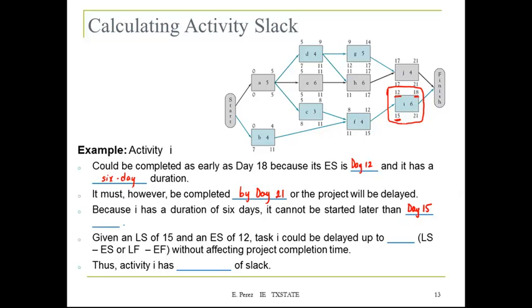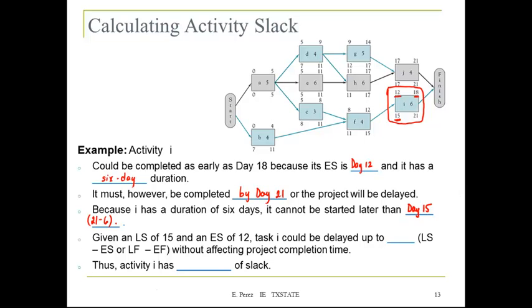So using this information, 21 minus 6, that's 15. So given a latest start time of 15 and the earliest start time of 12, task I could be delayed up to how many days?